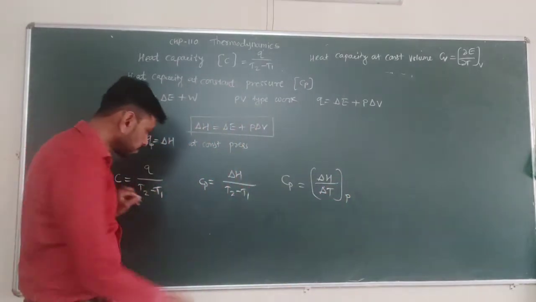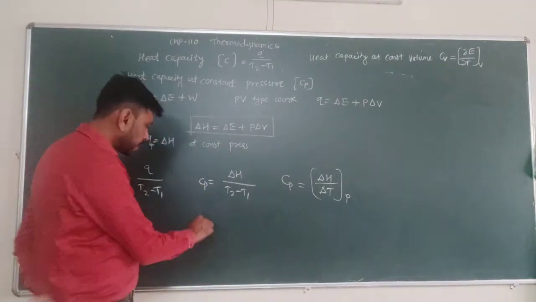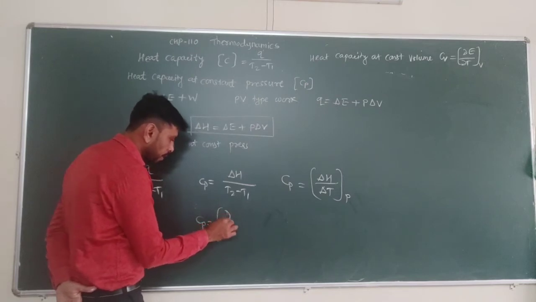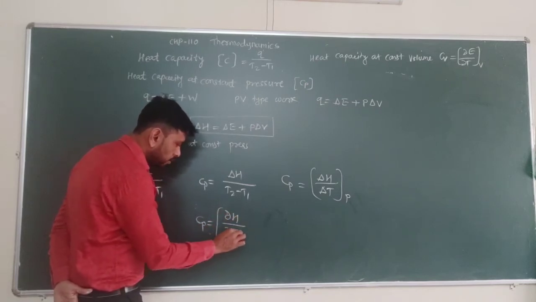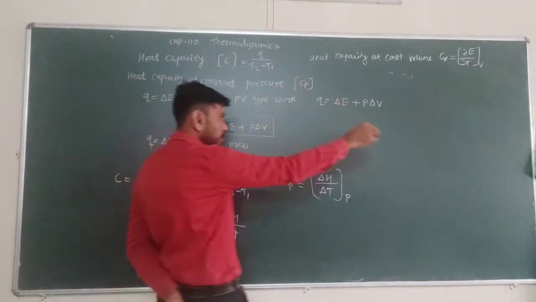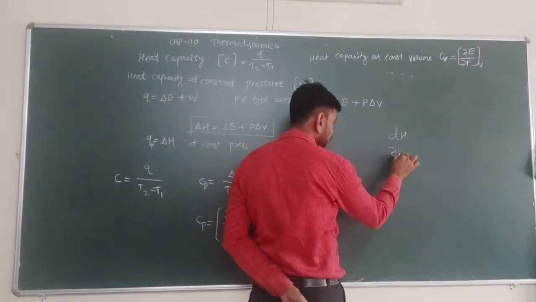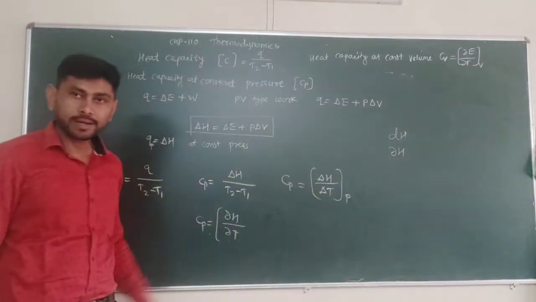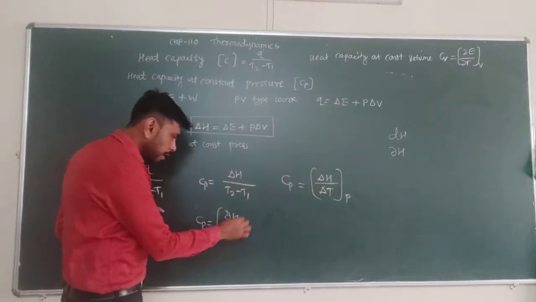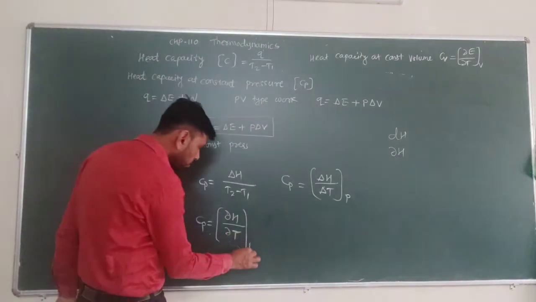And for infinitesimally smaller quantities we can write Cp is equal to delta H by delta T; these are partial differentiations. Delta here means partial differentiation. We can write dH also, which is another differential, but partial differentiation is represented by another symbol. So remember these symbols. We are using delta here: delta H by delta T at constant pressure.